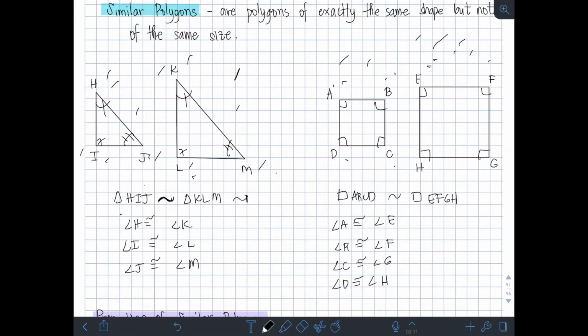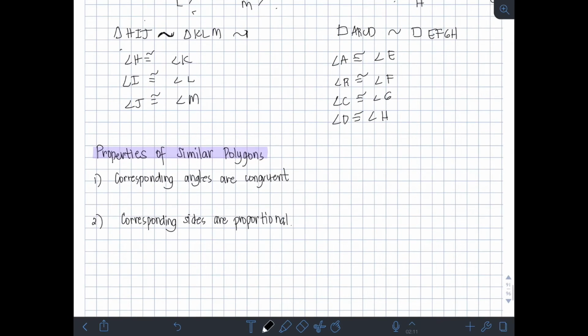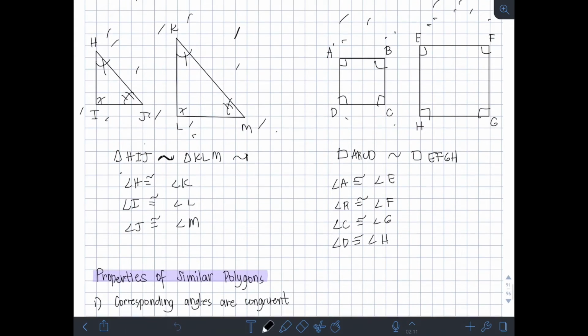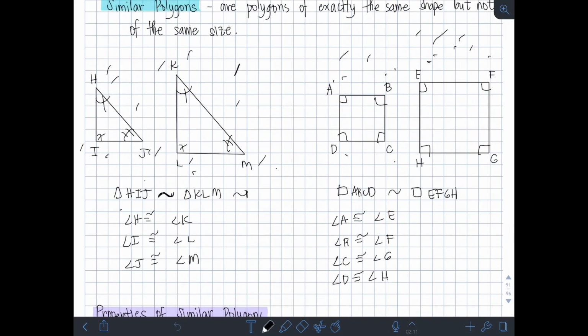Okay? So, next property is that corresponding sides are proportional. So, ito yung mahalagang property ng similar polygons. Yung corresponding sides nila dapat is proportional. So, referring dito sa ating similar polygons, dito sa triangle, dapat yung ratio nung dalawang corresponding sides is constant.